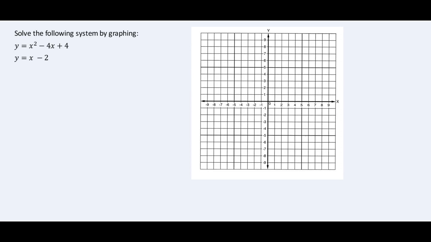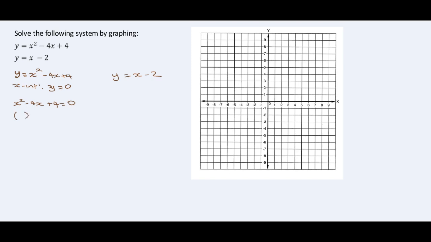So let's get started. y equals x squared minus 4x plus 4, and then we have y equals x minus 2. Let's start with the x-intercept. We have y equal to 0, so x squared minus 4x plus 4 is equal to 0.